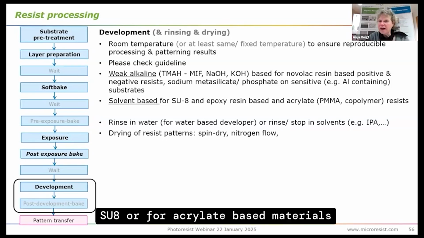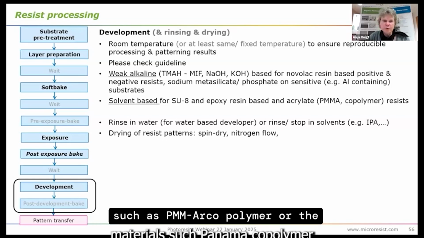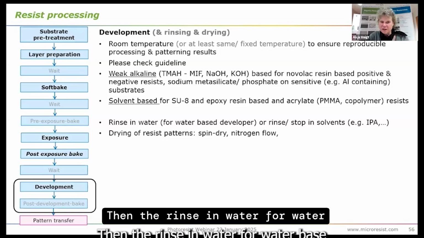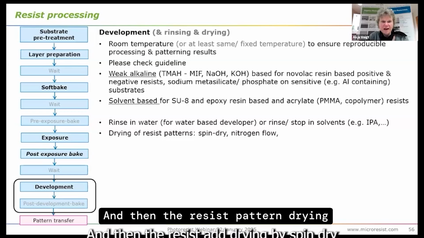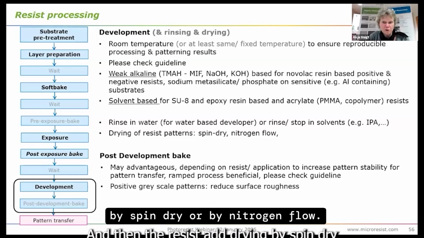Solvent-based developer for SU8 or for acrylate-based materials such as PMMA copolymer or the hybrid polymer. Then the rinse in water for water-based developer, or rinse and stop in solvents. And then the resist pattern drying by spin dry or by nitrogen flow.